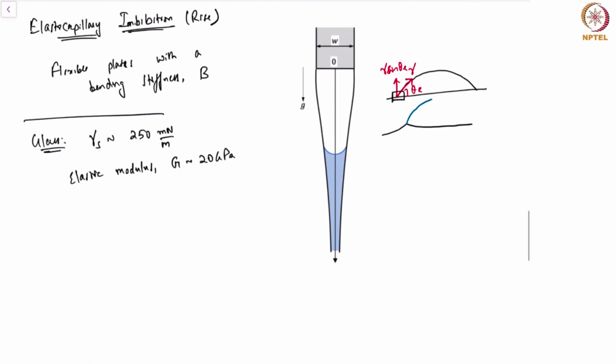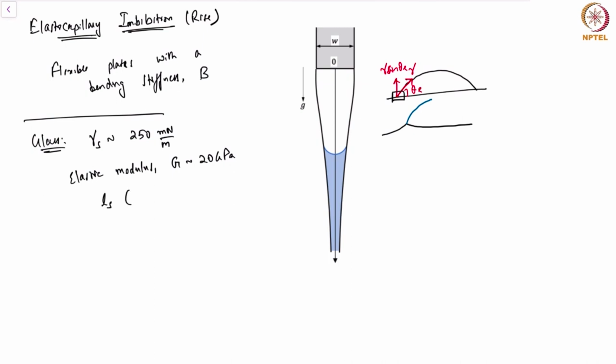And therefore, if we calculate a quantity which is sometimes referred to as the shear elastocapillary length, this is the length scale of deformation on the surface, that visible deformation that is present on the surface because of the surface forces.